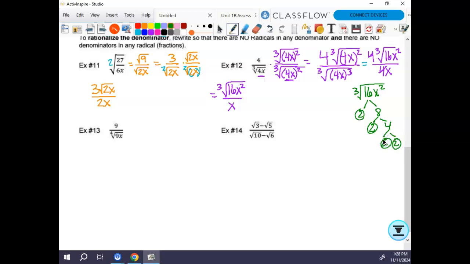We all agree with that? So then when I go to simplify that, this was a cube root, so I have to look for groups of what? 3. So there's 3 2's I can mark out. That comes out as a regular 2 times the cube root of, this one stays inside with the x squared, and I have an x down here.